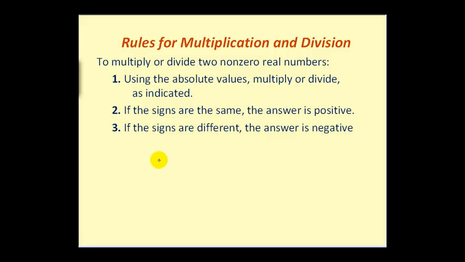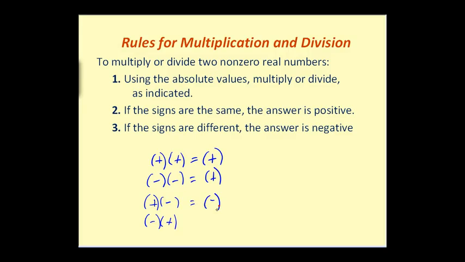So to summarize here, if we have a positive times a positive, we get a positive, but also a negative times a negative is positive. So if the signs are the same, the answer will be positive, and if the signs are different, the answer will be negative, and the same is true for division.